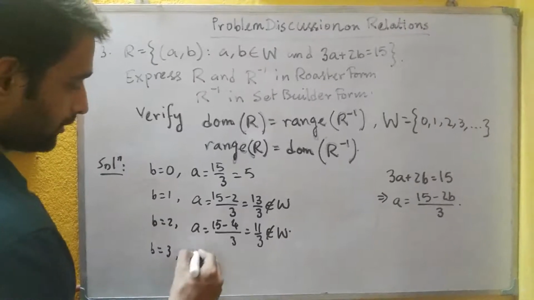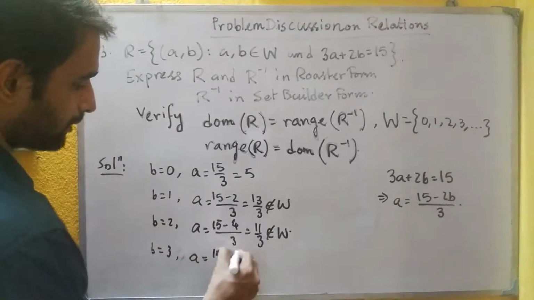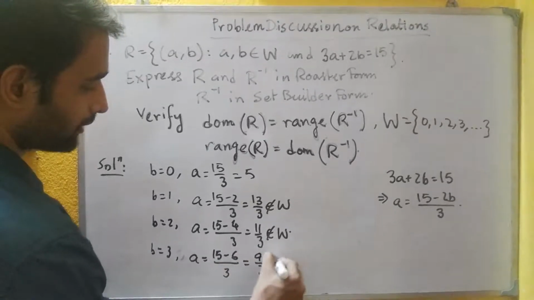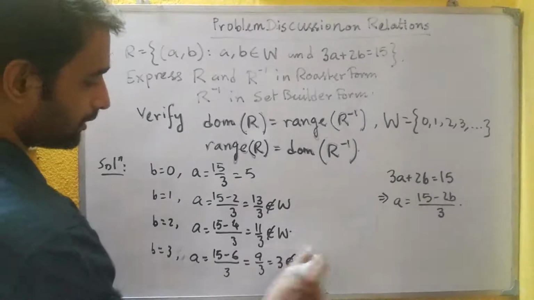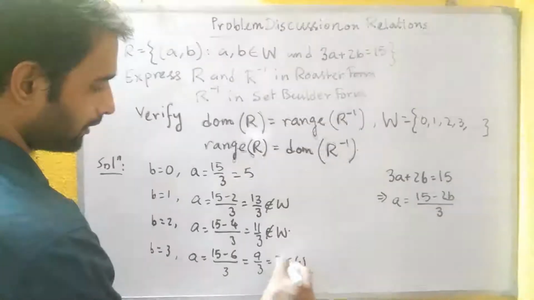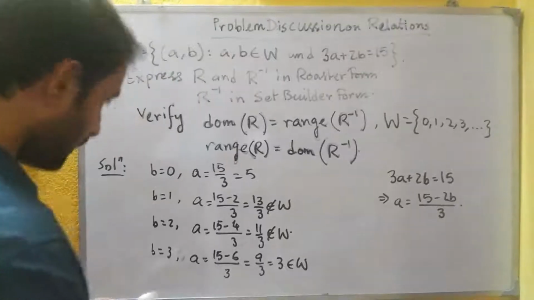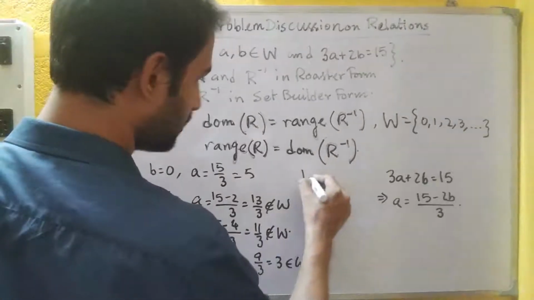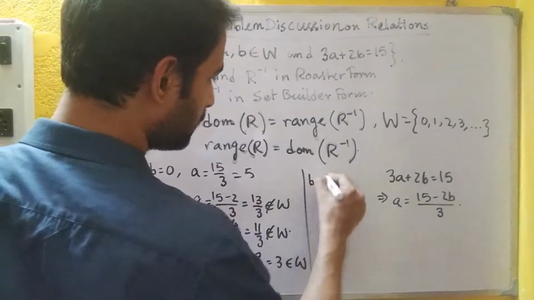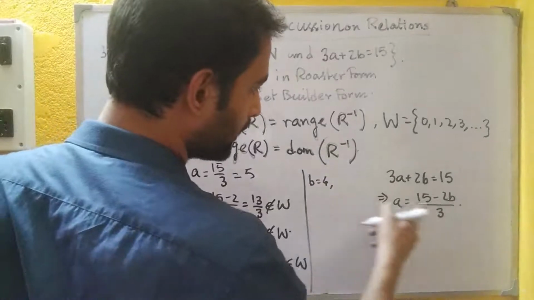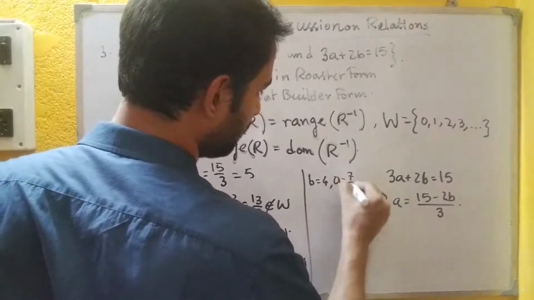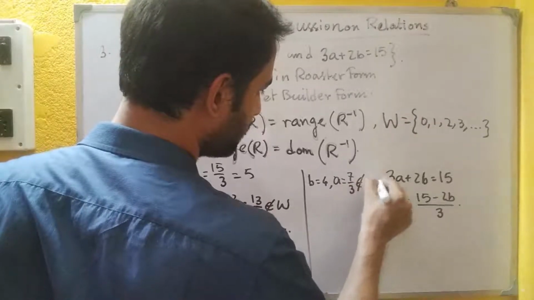For b equals 3, we will get (15 minus 6) by 3, that means it's 9 by 3, that is 3. Yes, it is in the set W. In the same manner, if you continue, for b equals 4, we get (15 minus 8) by 3, that is 7 by 3, not in the set.